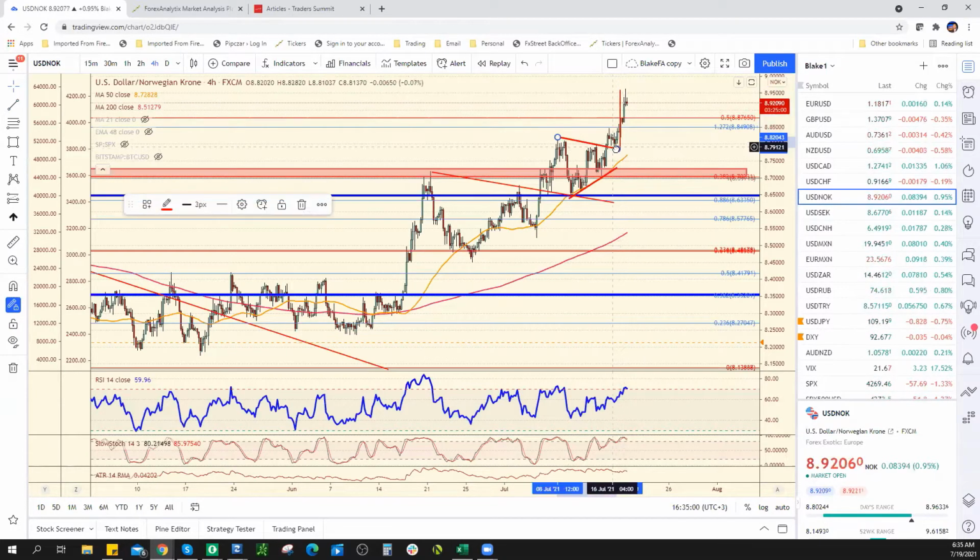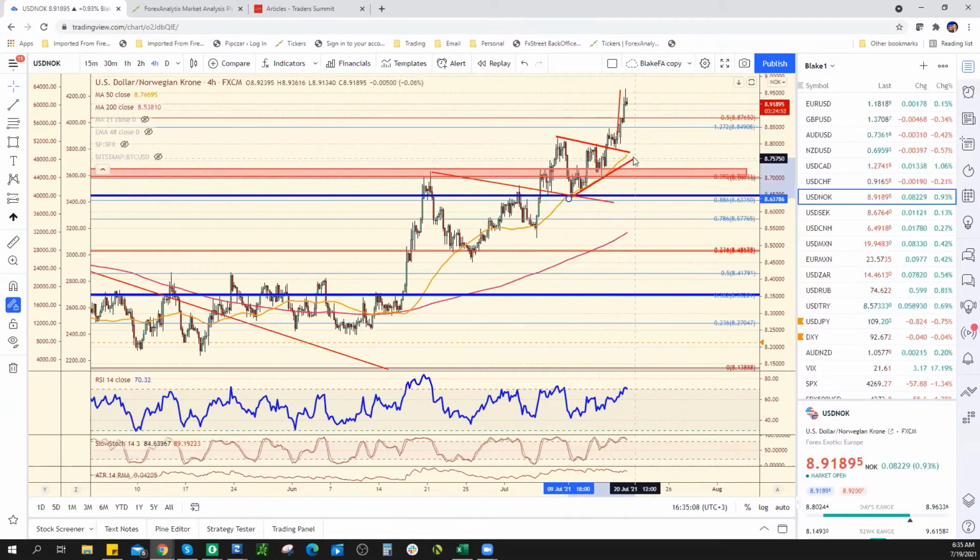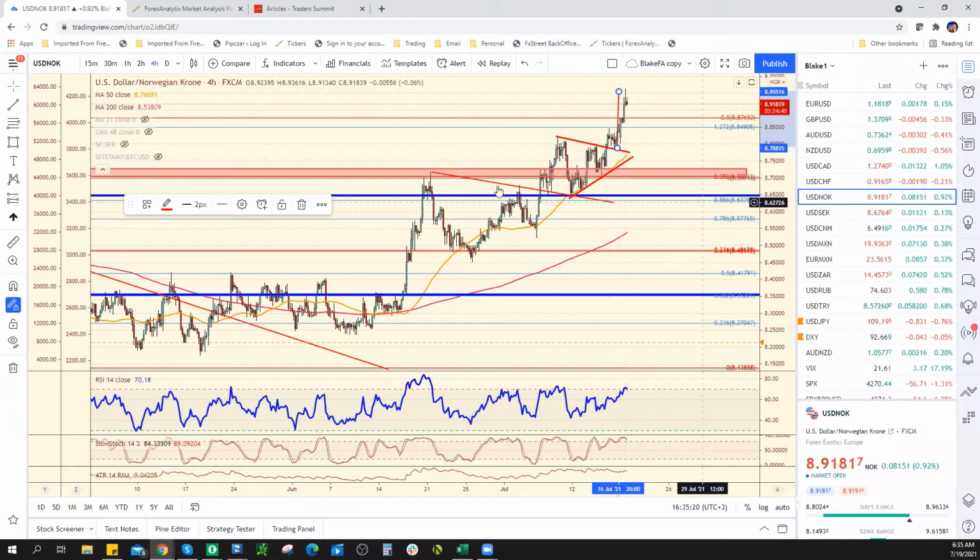Okay, here we go. So let me just show you. Triangle extension target met. Okay, what should happen now? In my opinion, we'll probably do this and continue higher at some point.